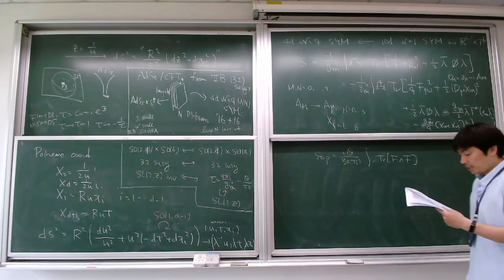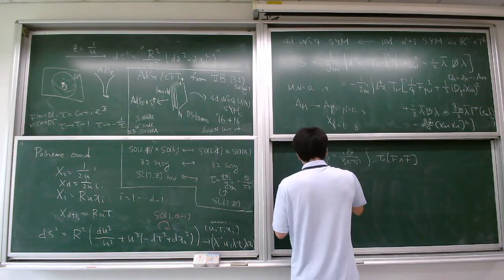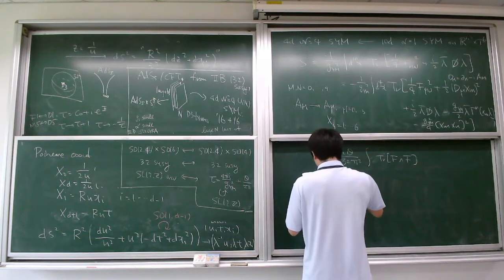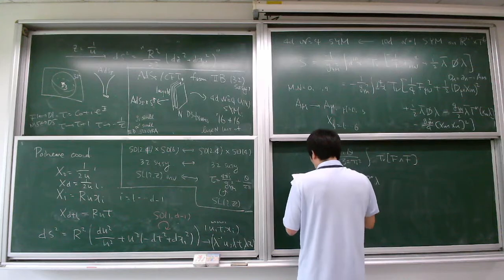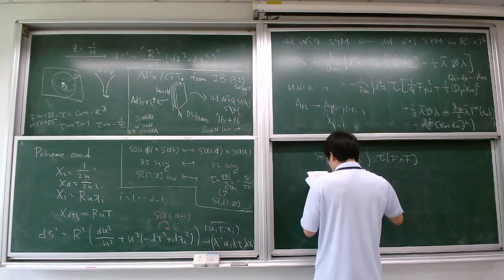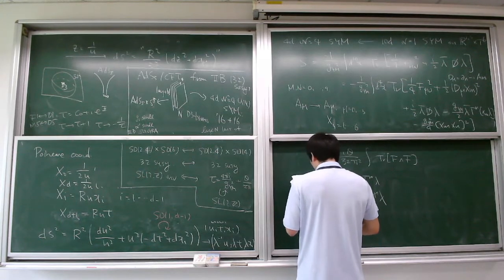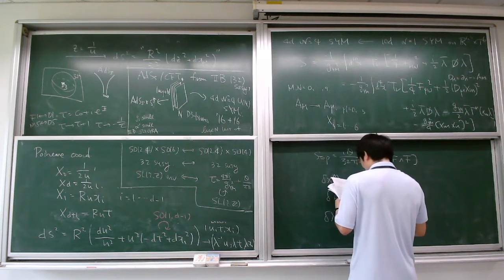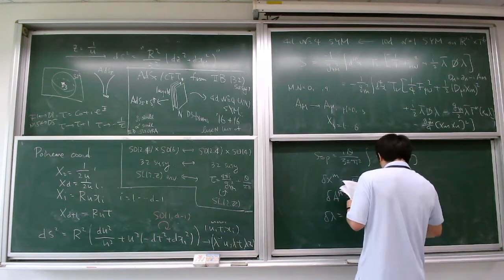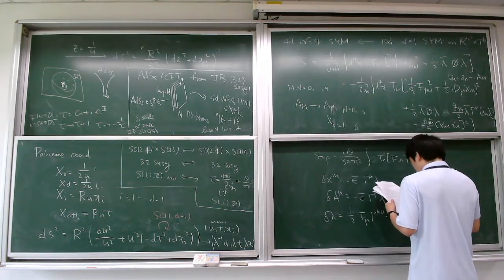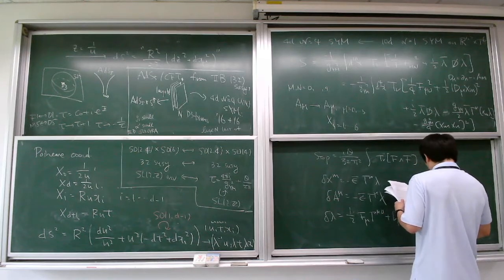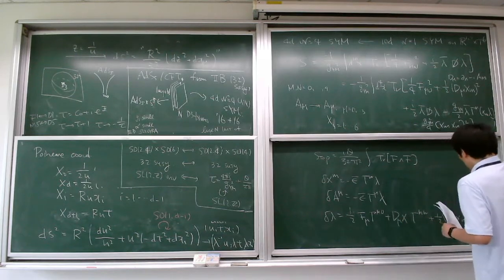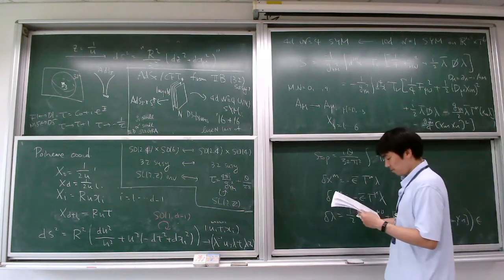So it has a very simple supersymmetry transformation: delta X_m is minus epsilon-bar gamma_m lambda, delta A_mu is minus epsilon-bar gamma_mu lambda. So this is the supersymmetry transformation.